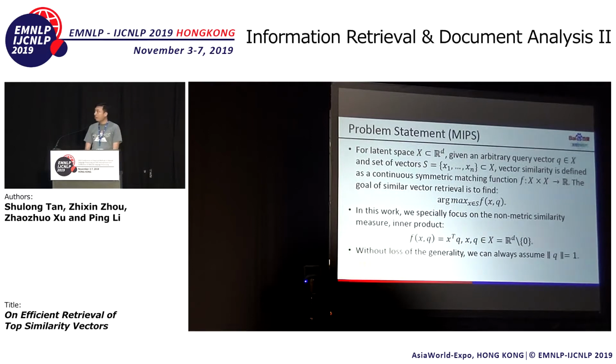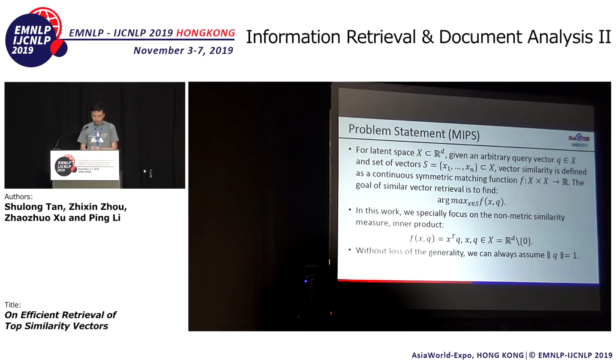Here is a rigorous statement of our problem. We consider a subset of the Euclidean space, an arbitrary query from that space, and the data set on that space. That is the dictionary. For example, you can imagine that's all the words in the data set. N is quite large.